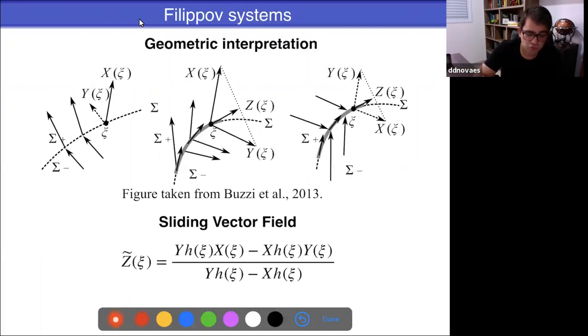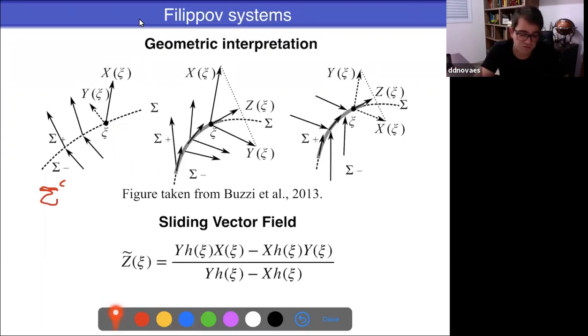Then to understand the trajectories of a Filippov system, we divide the discontinuity surface into some regions. The first one is the crossing region, which consists of points where one of the vector fields points inwards to the discontinuity surface and the other points outwards.